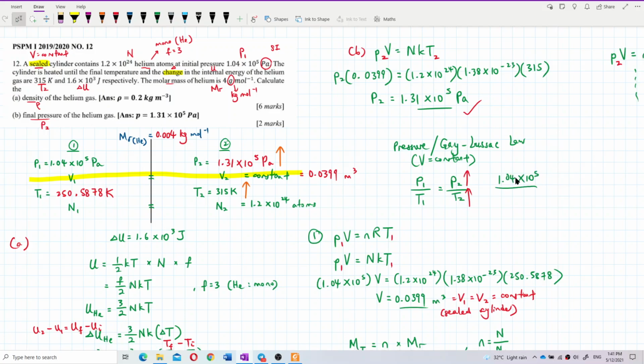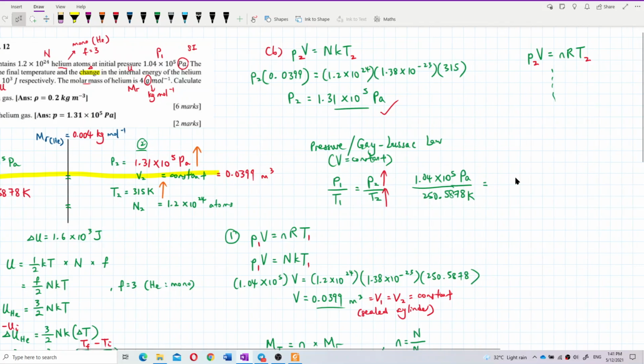Make sure the pressure must be in Pascal, the SI unit. The initial pressure is 1.04 exponent 5, and the temperature is 315 Kelvin. Especially the temperature cannot be degrees Celsius, it must be in Kelvin, all in SI unit.